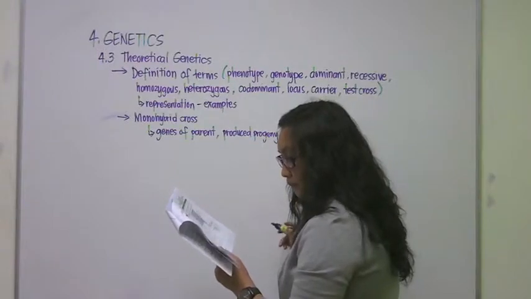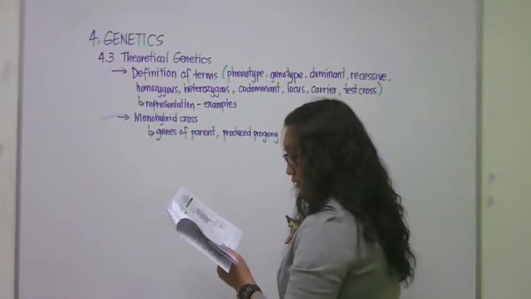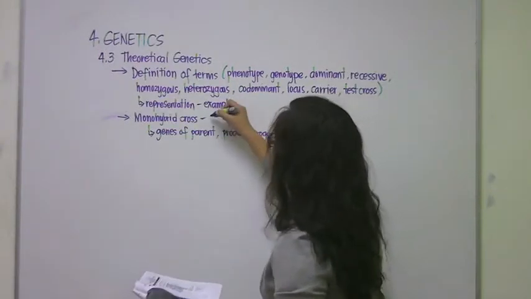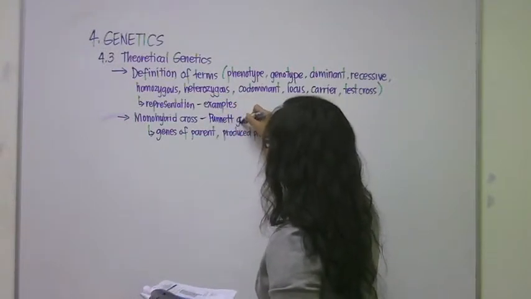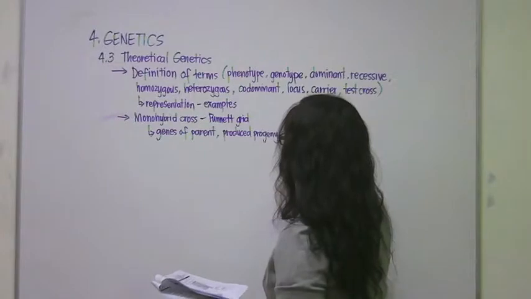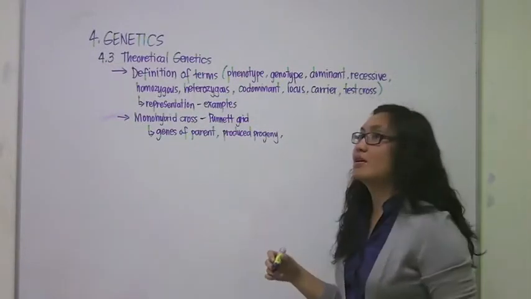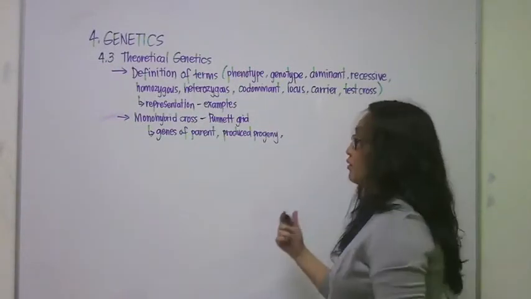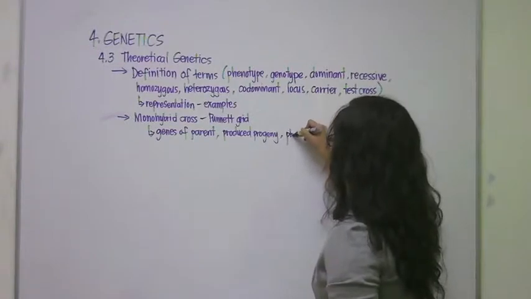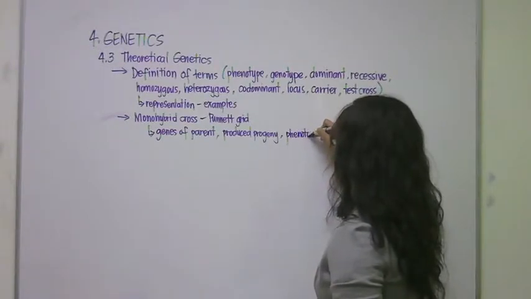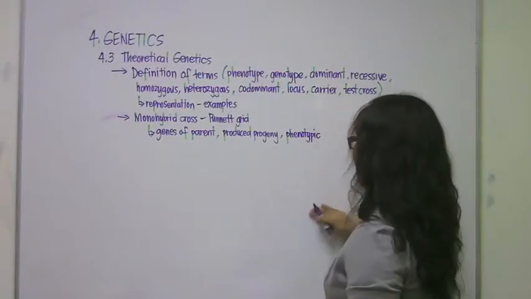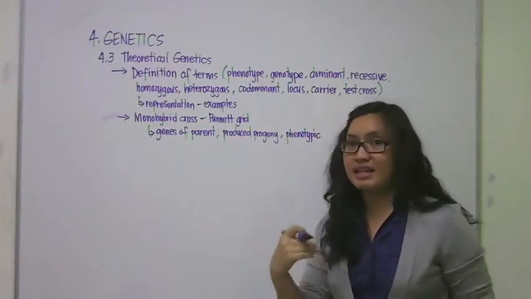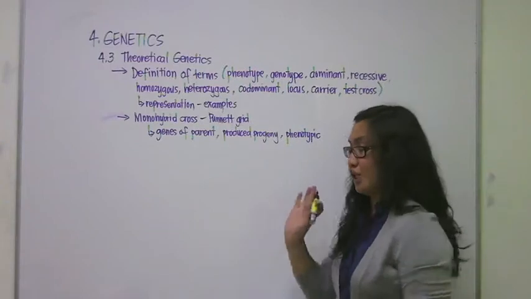And, okay, show them using a Punnett grid. Okay. And last but not the least, we have to show the phenotypic and the genotypic ratio. Okay, like identifying the ratio of how many offsprings are producing this type of trait or this type of genotype.